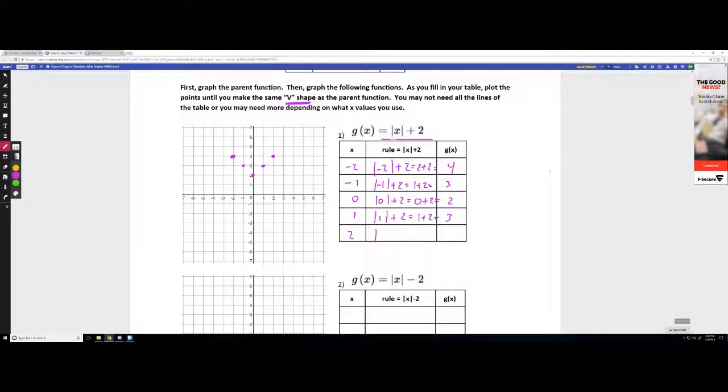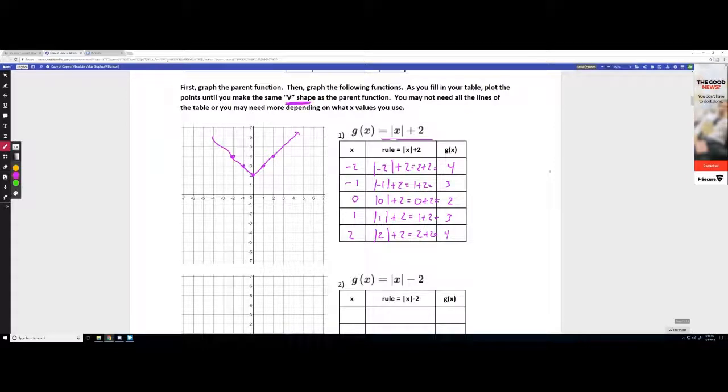You can double check: the absolute value of 2 is just 2, and 2 plus 2 is 4. So 2 comma 4 checks out. And as you can see, we get a V shape. That's g of x.